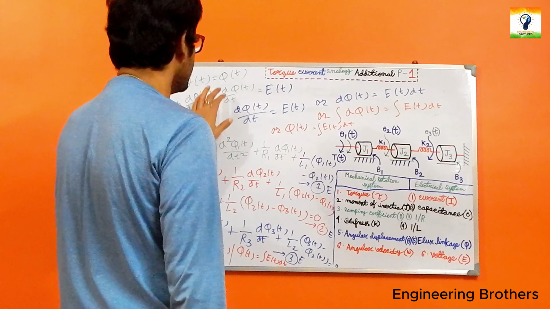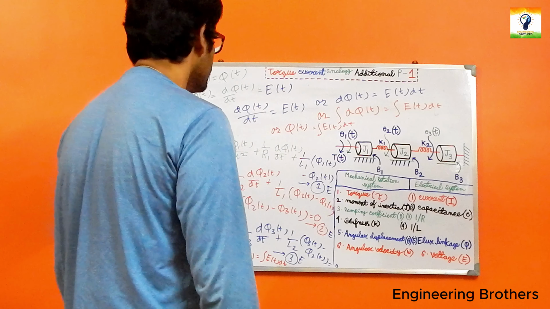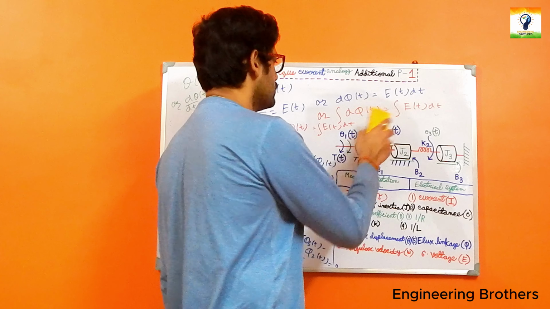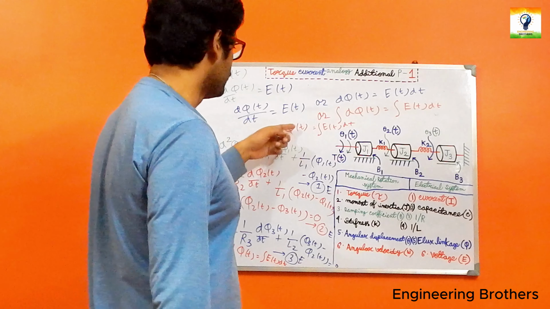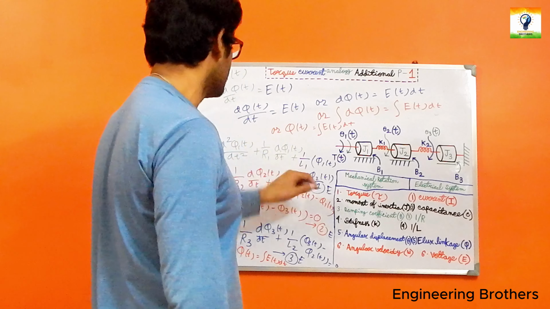Now, by utilizing this relation, we have come out with our expression of phi(t), and we are going to replace this relation in the given equation.